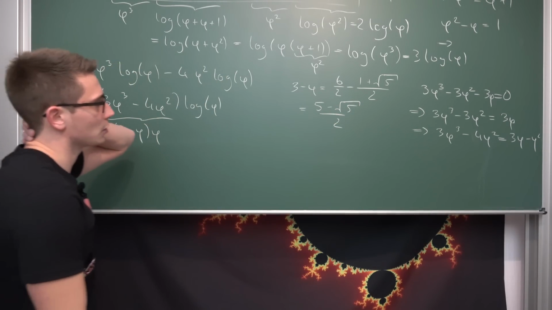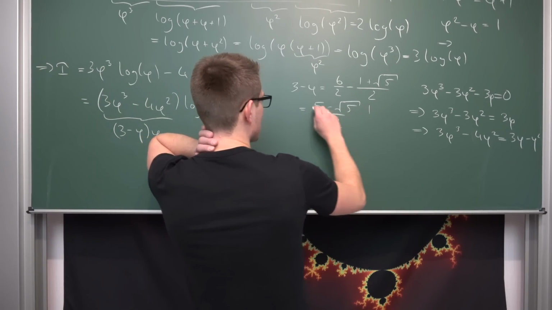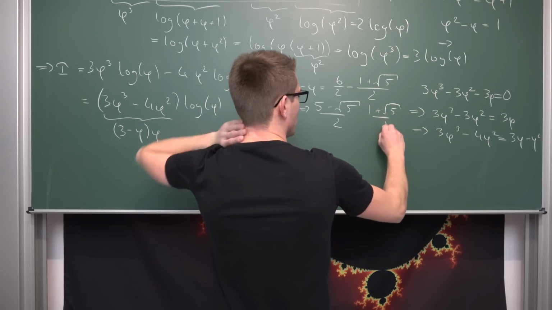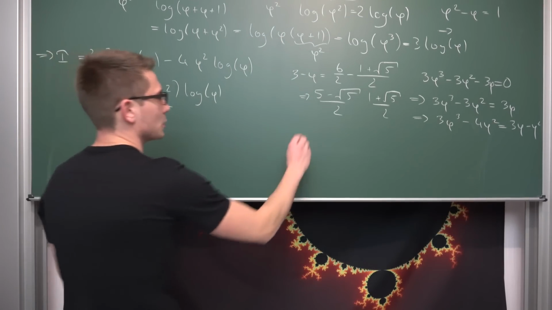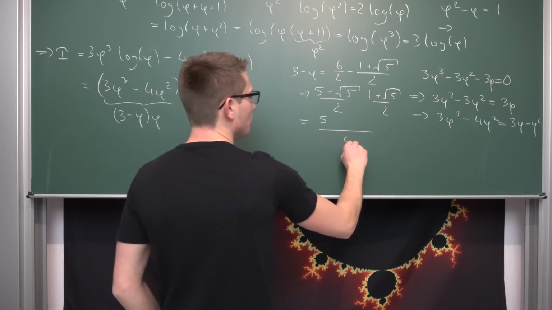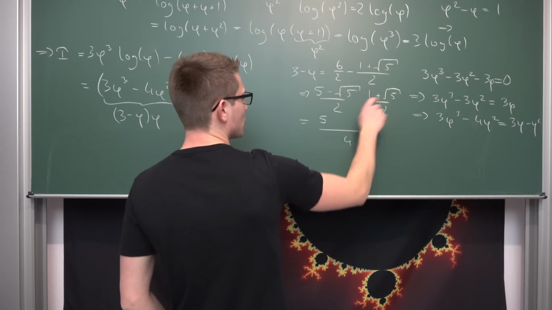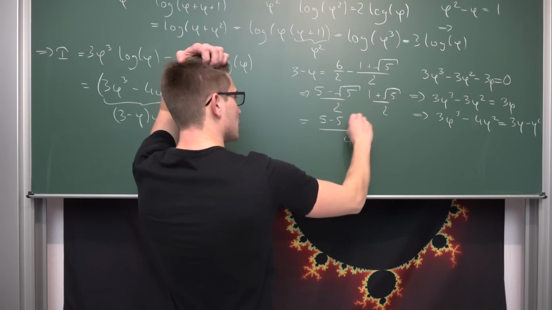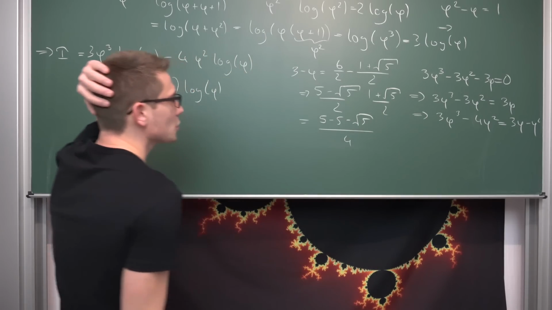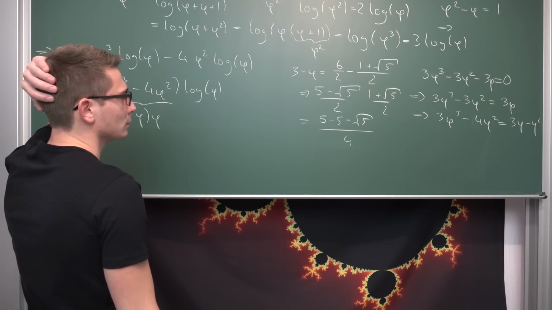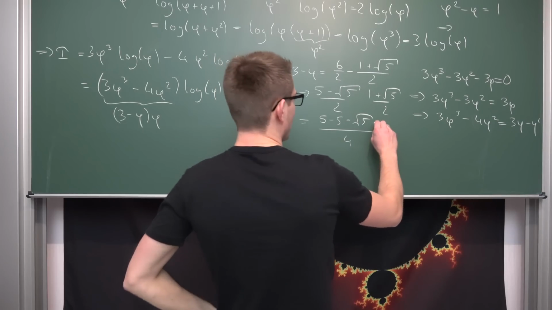And multiplying this with the golden ratio, so (1 plus square root of 5) over 2, let's see what this is going to result in. This is going to be 5 over 4 obviously, and then we are going to get negative, cool. Okay, so we got rid of this and this. Also we are going to have negative square root of 5, and also we are going to get, what's the last one that's missing? 5 times square root of 5.